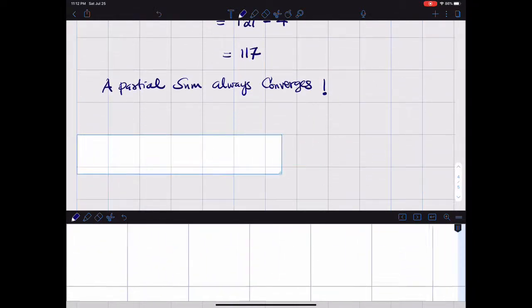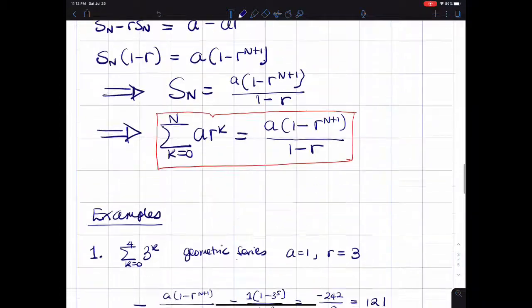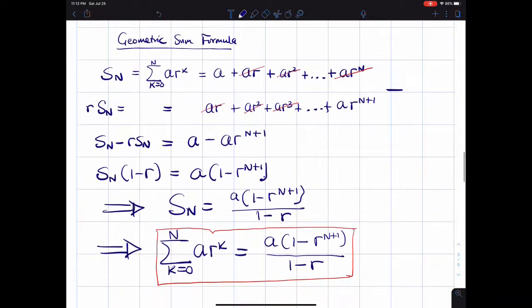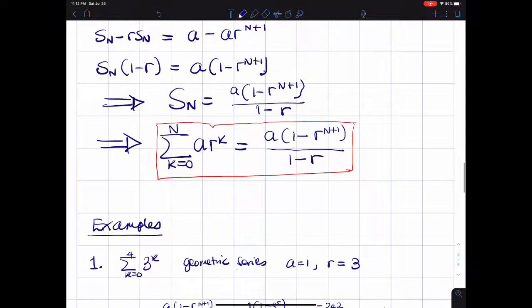Now, we dealt with the formula for a geometric sum, right?